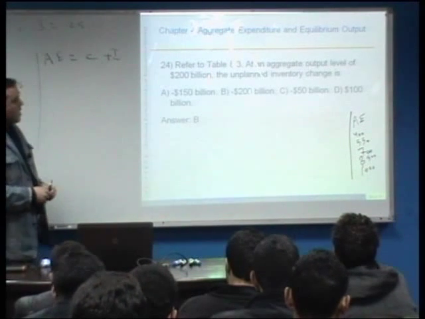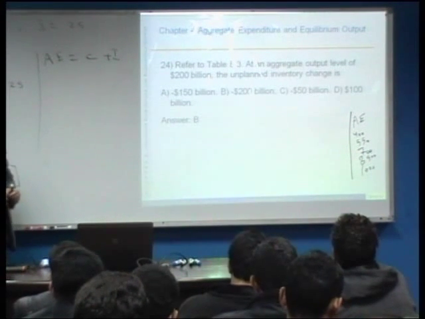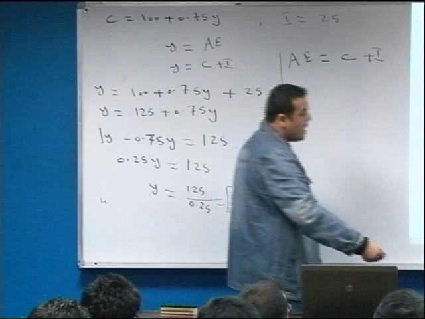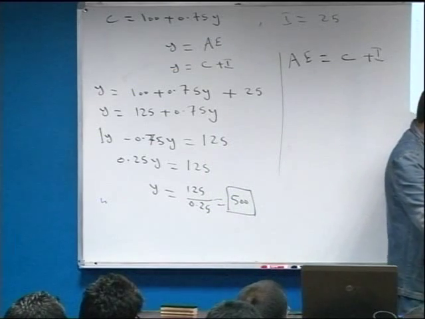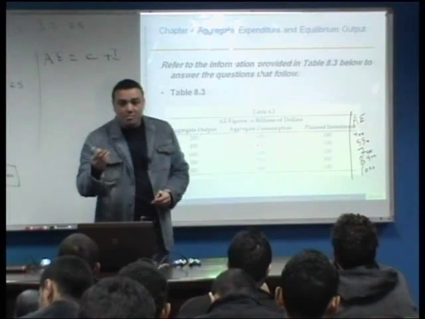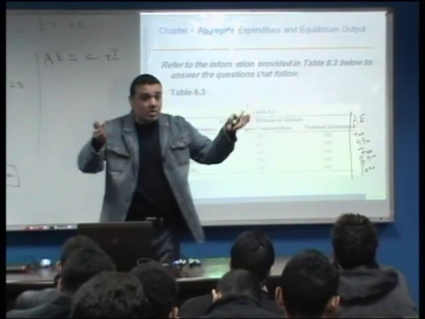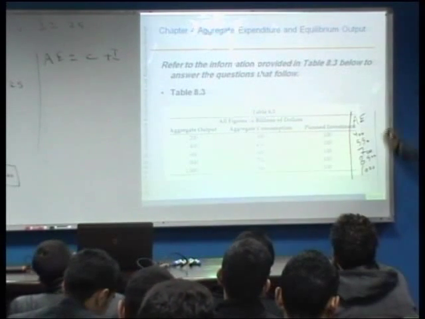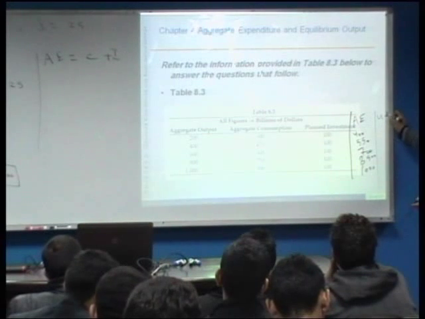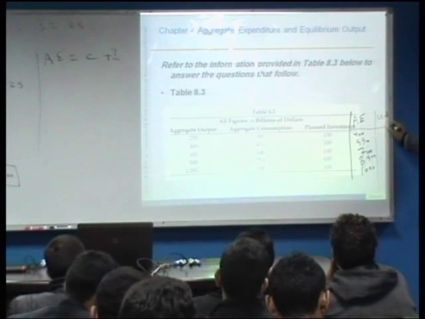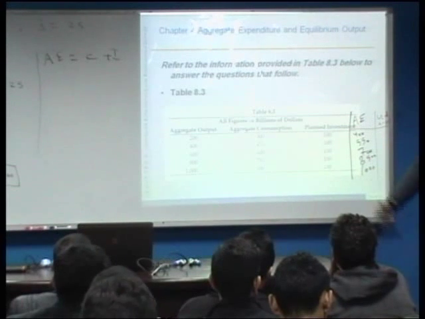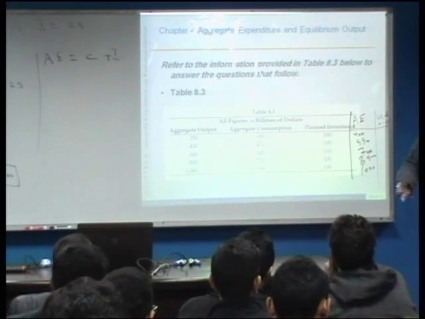At an aggregate output level of $200 billion, the unplanned inventory change is how much? We have to calculate Y minus aggregate expenditure to derive the unplanned change in business inventory. Y minus aggregate expenditure in all cases, and then we can easily answer the questions.